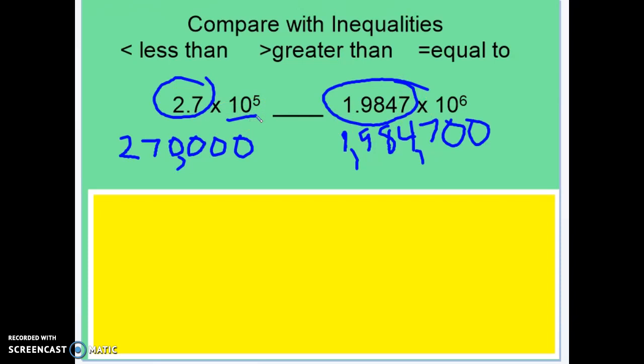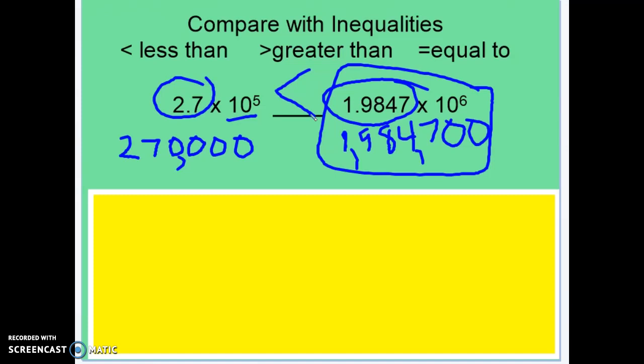It's being multiplied by 10 to the 5th power. So you have 270,000, or you have 1,984,700. So which one is bigger? Well, this one is bigger. So when we read this, we would say 2.7 times 10 to the 5th is less than 1.9847 times 10 to the 6th.